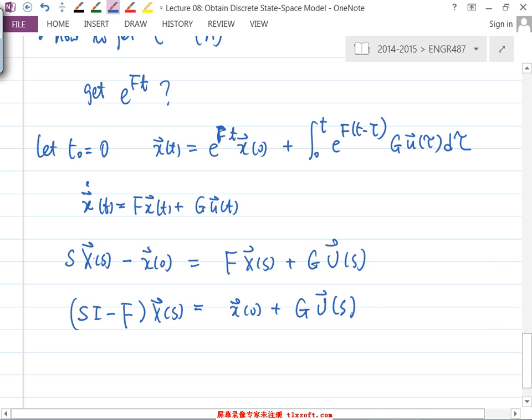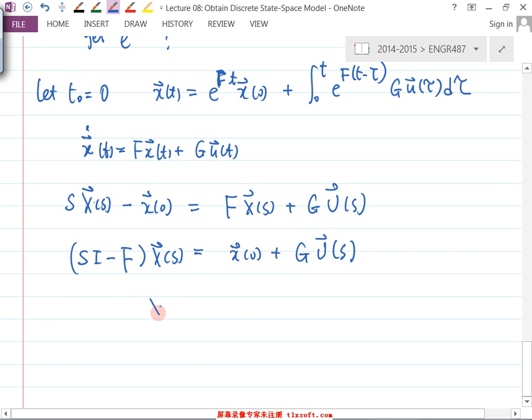So I added an identity matrix here, because this is not a single variable, this is a vector. So s times this vector, when you take out the common factor, you should have this identity matrix here, and then minus that. Now you must have seen this in control. So then I'm going to take the inverse of this. So that means I get what?